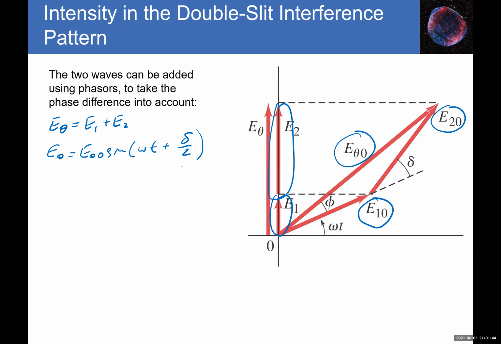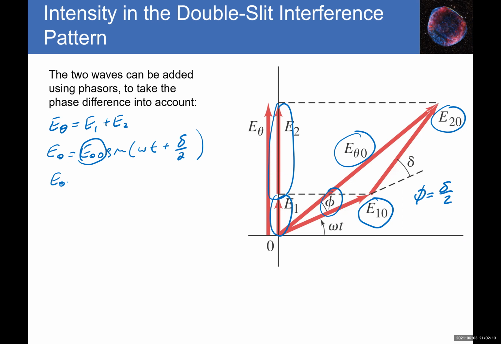Over here we can see that this angle phi is equal to delta over 2 using the symmetry. So since phi equals delta over 2, I can write this as delta over 2. Now, one thing I have here is the amplitude of this vector, of this E theta.